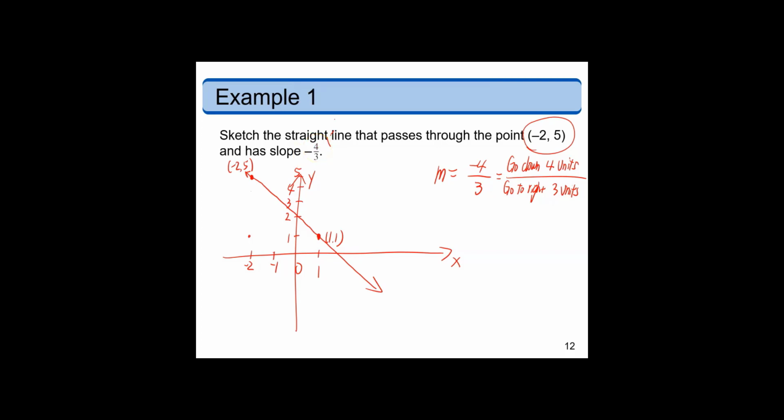So we are utilizing the slope here to locate another point on the line, and we know that 2 points can make a line. And that's how we determine another point and then get a line.